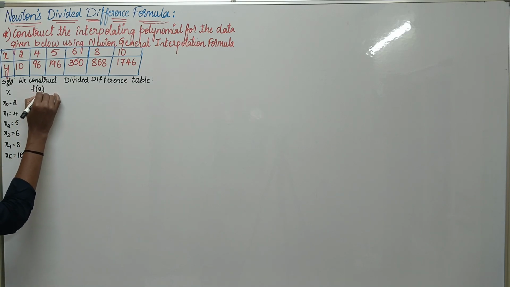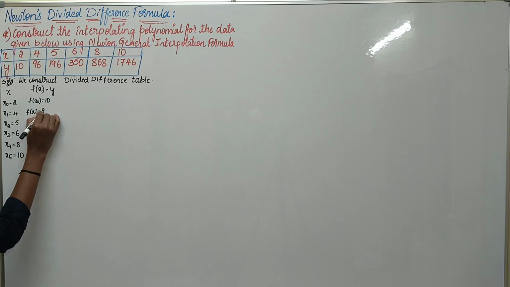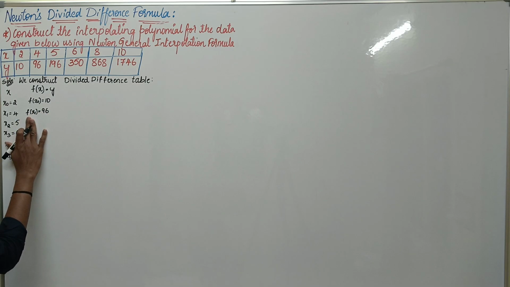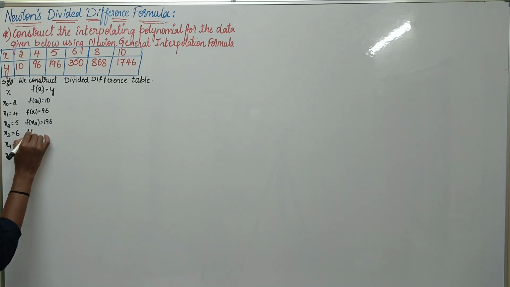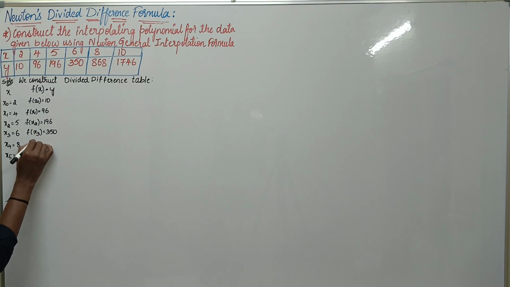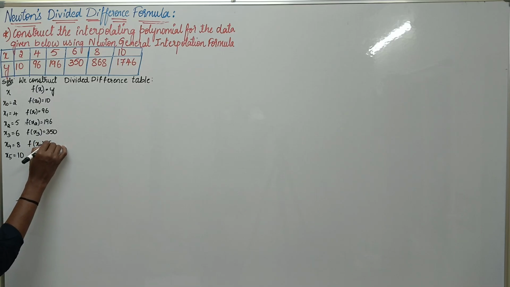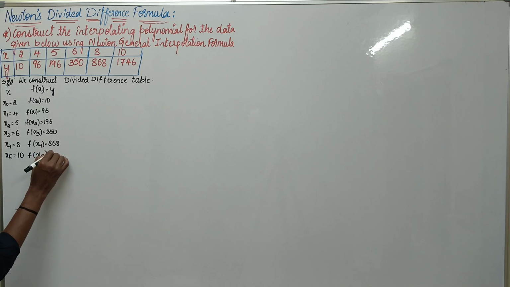f of x is also known as y. That is f of x0 is equal to 10, f of x1 is equal to 96, f of x2 is equal to 196, f of x3 is equal to 350, f of x4 is equal to 868, f of x5 is equal to 1746.